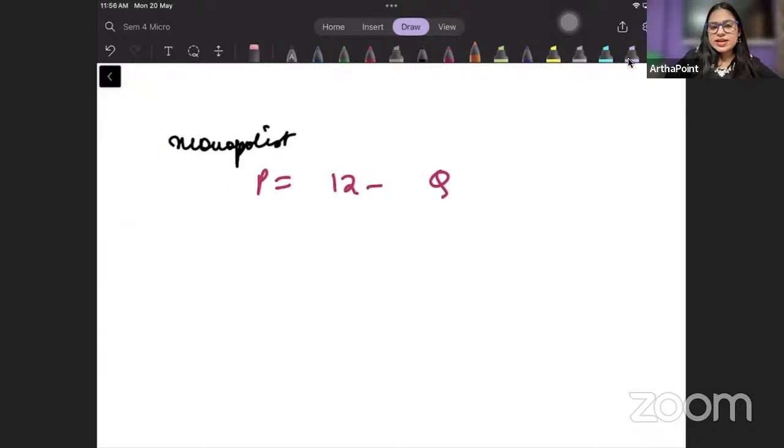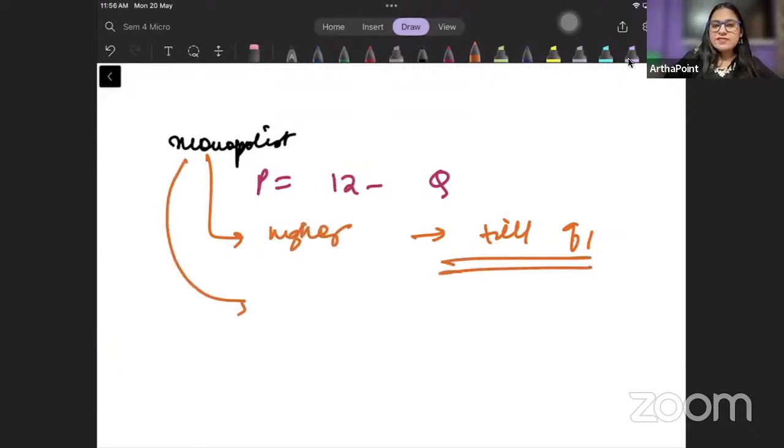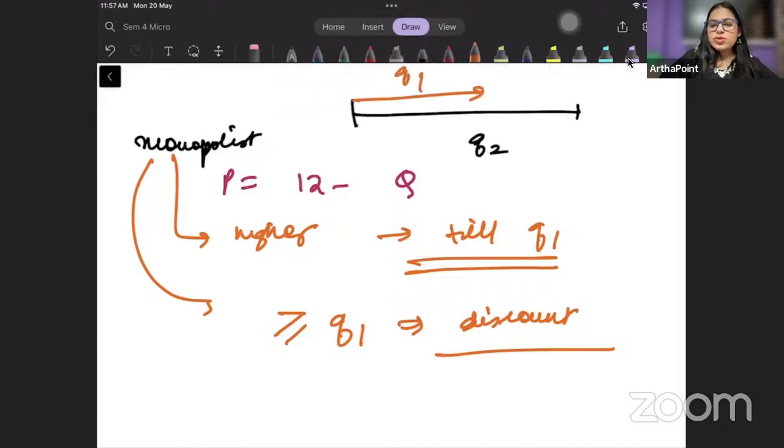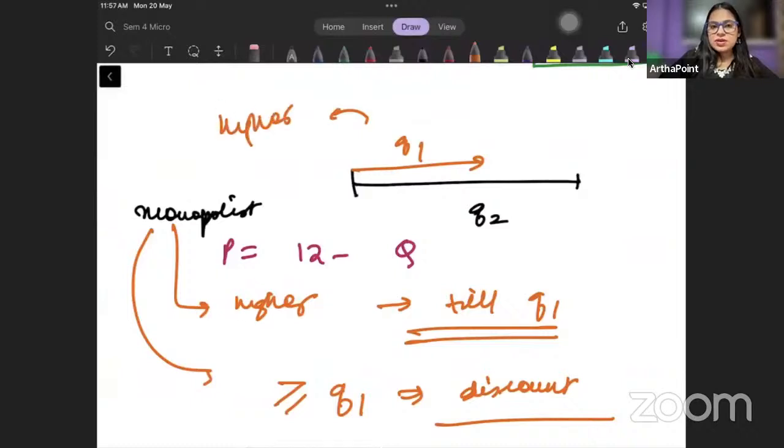You will be told that this monopolist wants to charge a higher price if you purchase till quantity Q1, but if the consumer purchases anything more than Q1, then the consumer will be offered a discount. ठीक है, ऐसा कुछ wording होगा, that consider a monopolist who wants to sell Q2 units, and till the first Q1 units he wants to sell that at a higher price, and then post Q1 units he wants to go ahead and offer a discount, right?